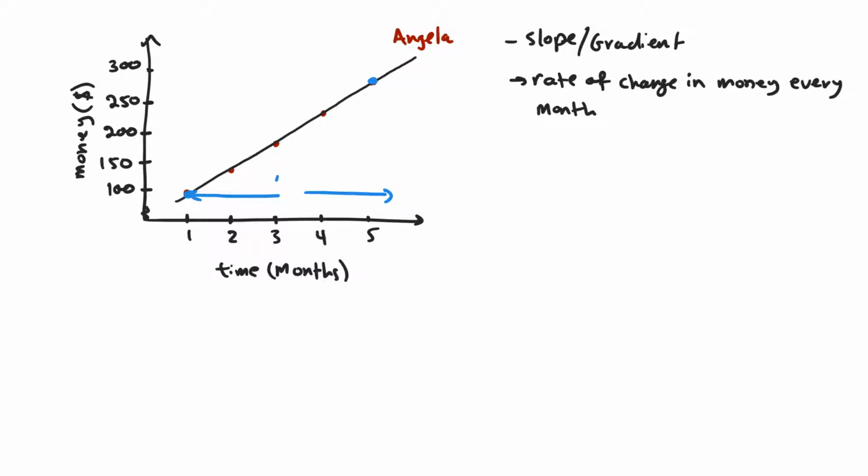And this is a change in time. If you're not familiar with the notation, this delta sign over here, I'm just going to write it down here. Delta means change, the triangle sign. So this is change in time, or change in my independent variable. And my dependent is this change over here.